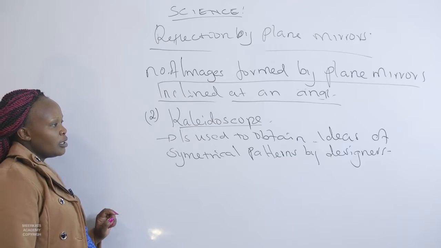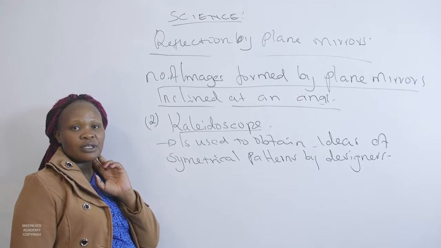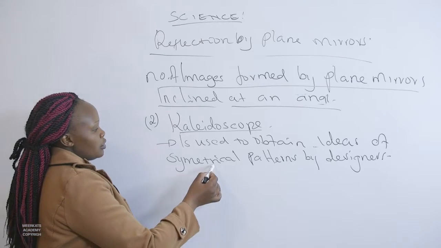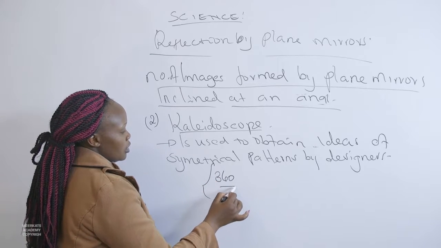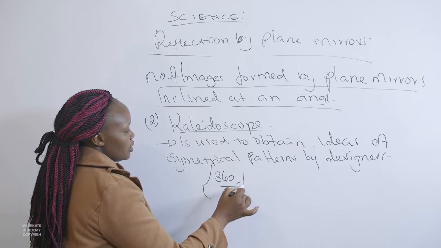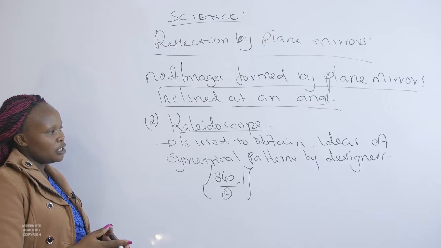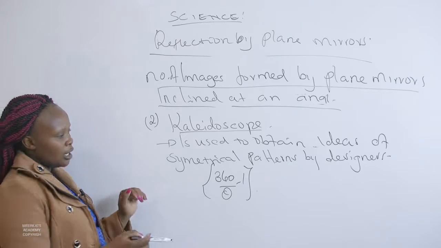This one makes use of multiple images formed by mirrors at an angle. According to the relationship that we have just looked at, 360 over theta minus 1, you will have multiple images formed by this instrument. You can use any angle.